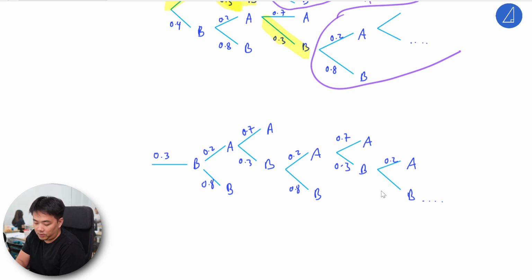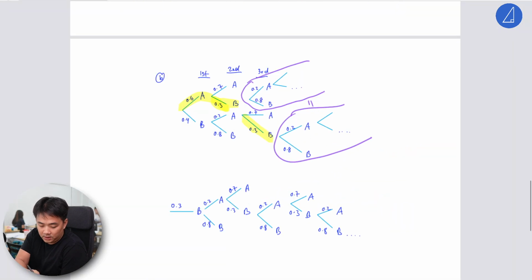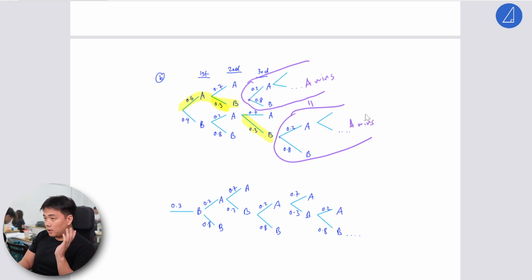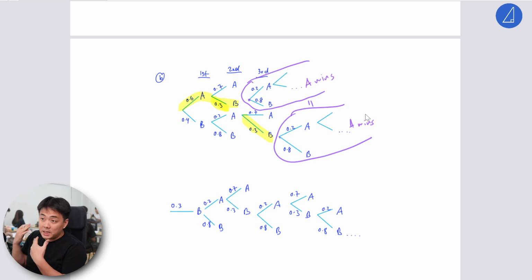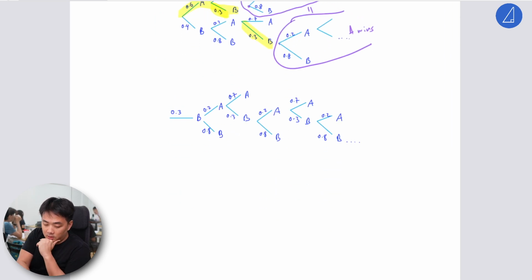This is 0.2, 0.8. So after this branch, I just want to calculate the chance that A wins, from here onwards. Remember, if you have not done any cascading tree with practice, please do the easier question. This is not a direct easier question, right? So this is what I'm gonna write.